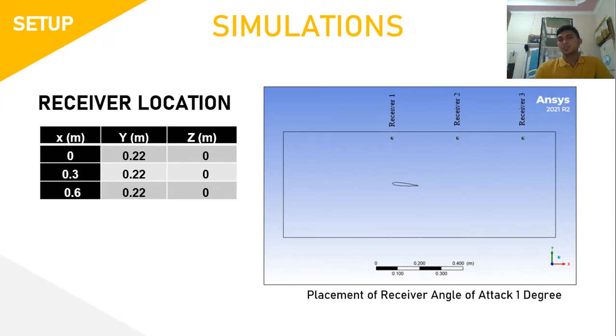A receiver is one of the things that catches the sound, for the sound level. And this is the locations of my receivers. This is receiver one with its coordinate, this is receiver two, receiver three, and their coordinates.